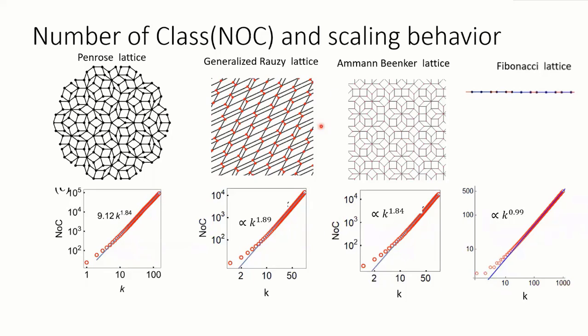I did this for other quasicrystal structures, and it seems that other quasicrystal structures have a similar power law, where by increasing the length of looking around the vertices, the number of classes increases by power law. And interesting thing is that in one dimension, for the Fibonacci lattice, we also have similar behavior, but its exponent is almost half of the 2D case.